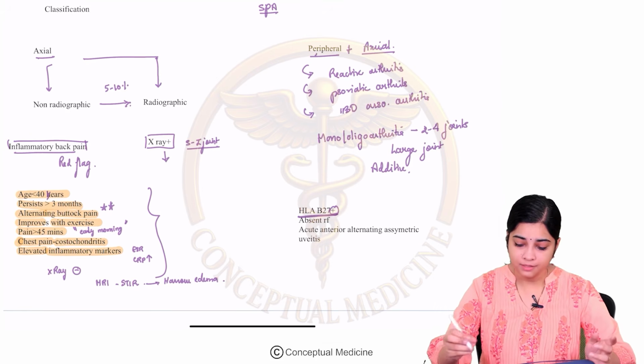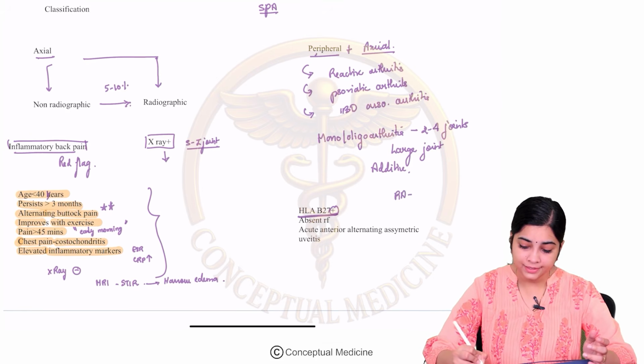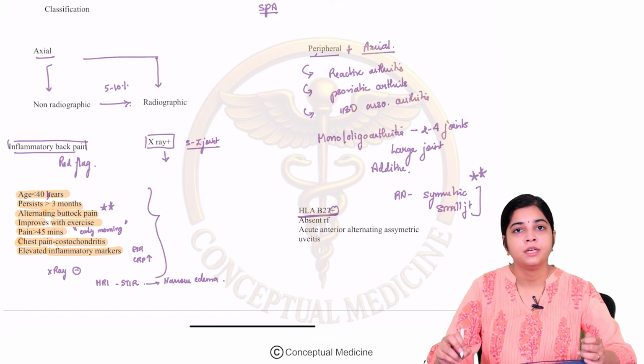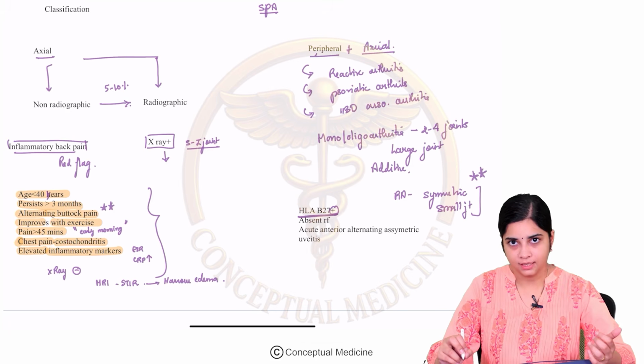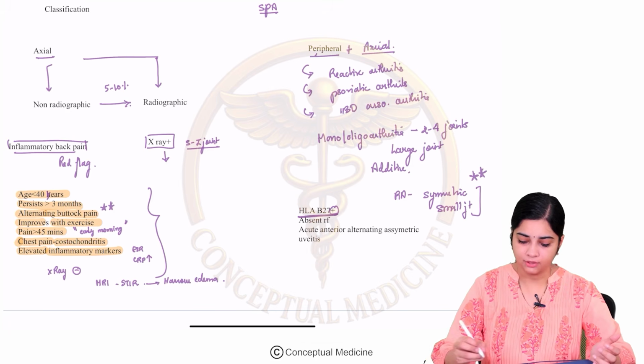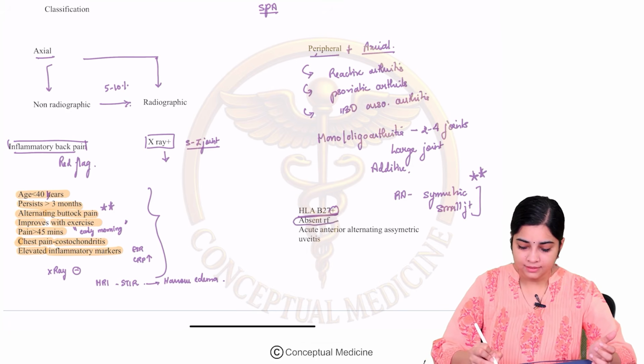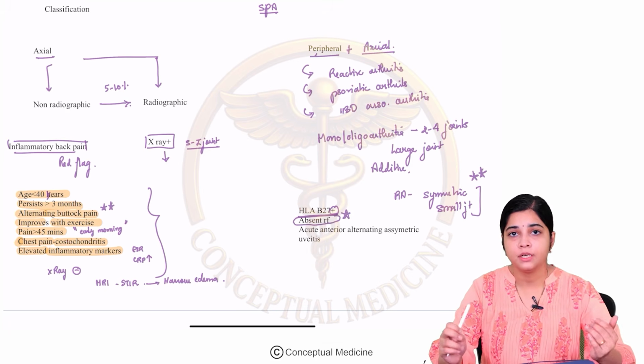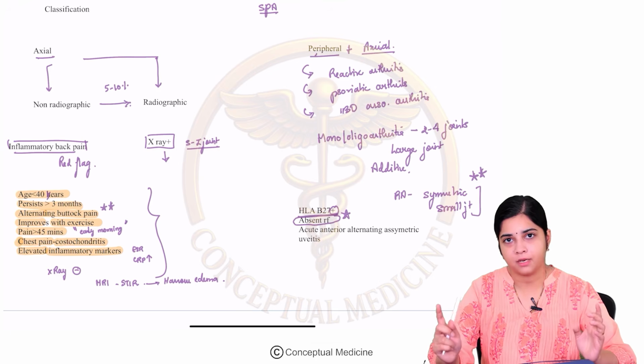But a very, very important point is that in RA, you usually have a symmetrical involvement and small joint involvement. Symmetrical and small joint involvement is found in rheumatoid arthritis, but here you have predominantly large joint involvement in your peripheral spondyloarthropathy. Very, very classical is that the rheumatoid factor RF is absent in peripheral SpA.